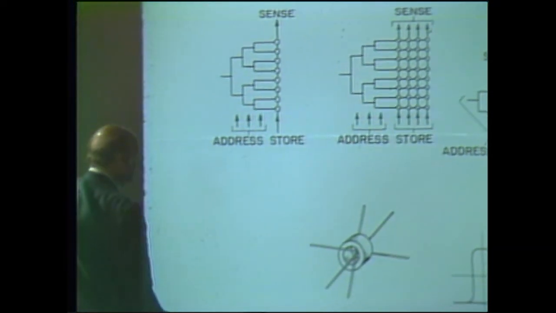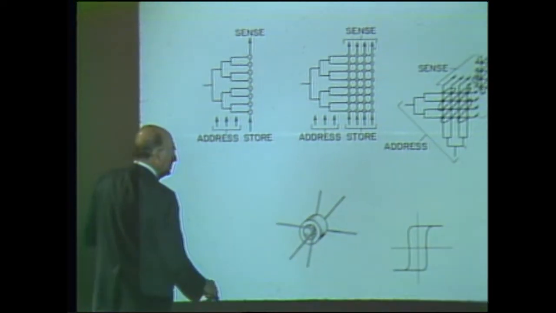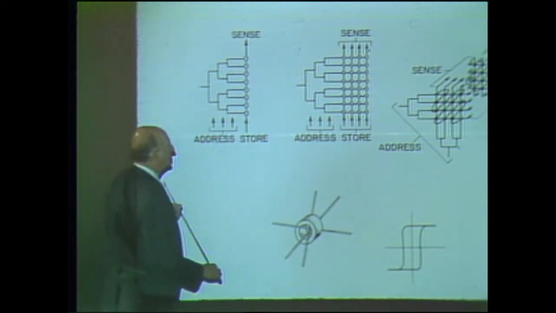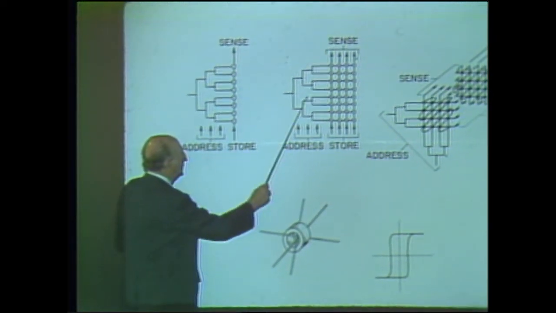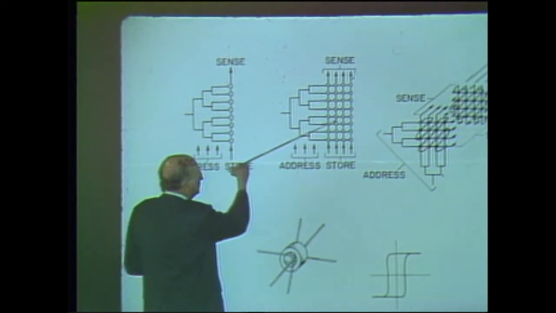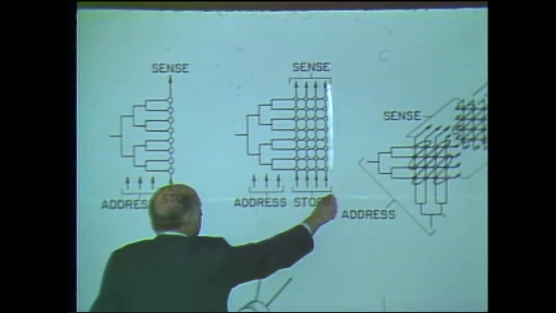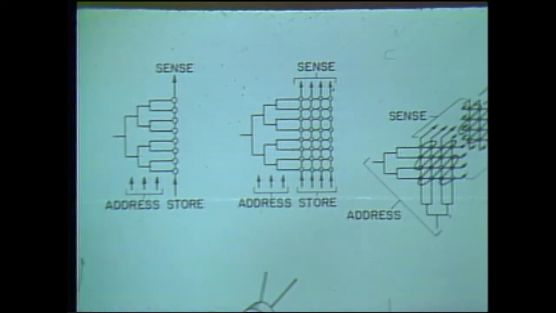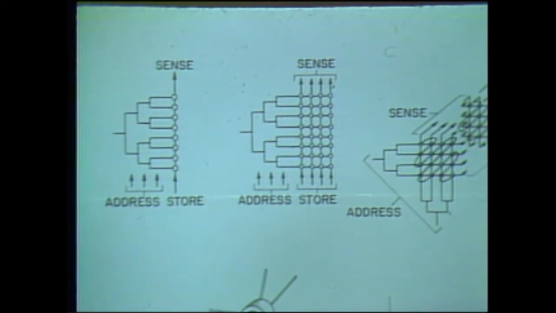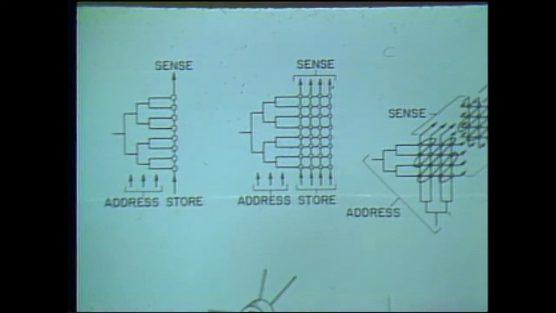There is another way of doing it, which is less economical in leads, the so-called word addressing. You make a decoder in here that decodes one word, and you make as many lines this way as there are digits, and this is the word address scheme, which, of course, today is the main scheme used in semiconductors.